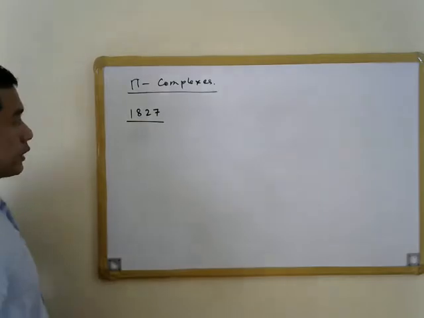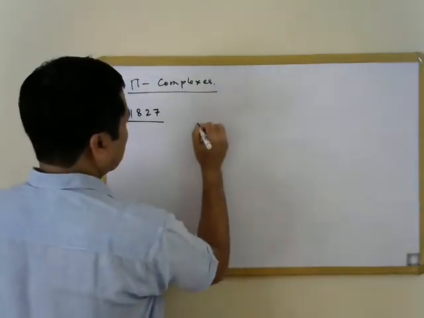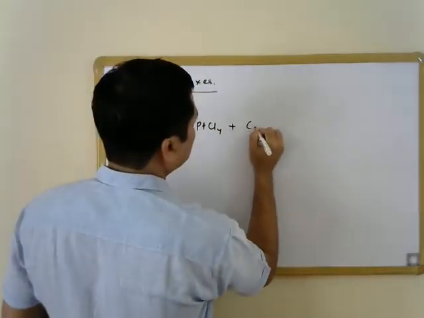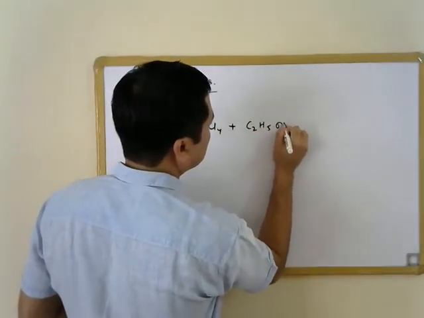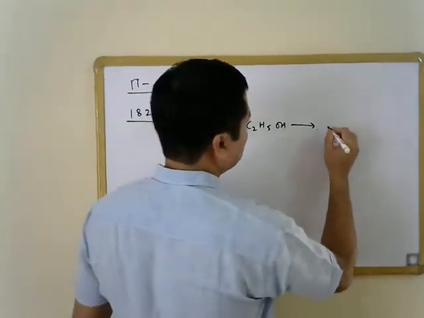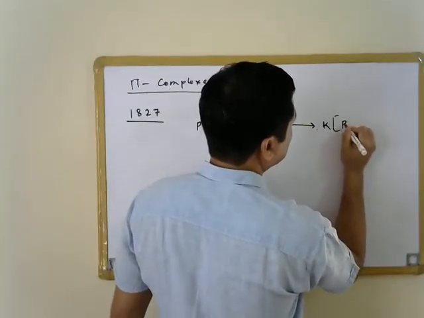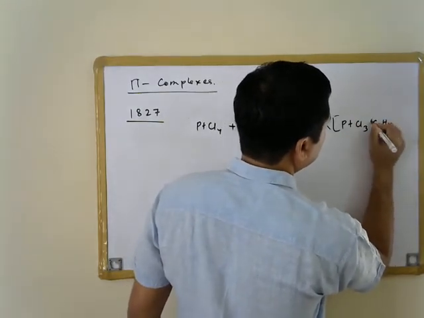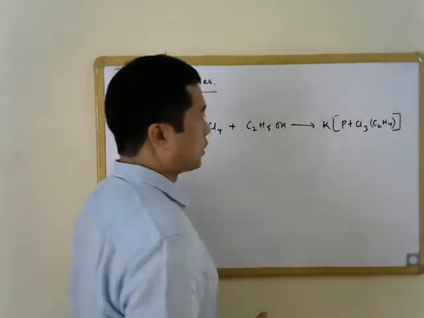It is known as Zeise's salt. It was prepared by boiling PtCl4 with ethanol, and it gave a compound with this formulation.